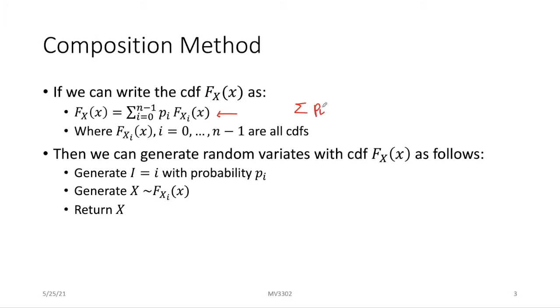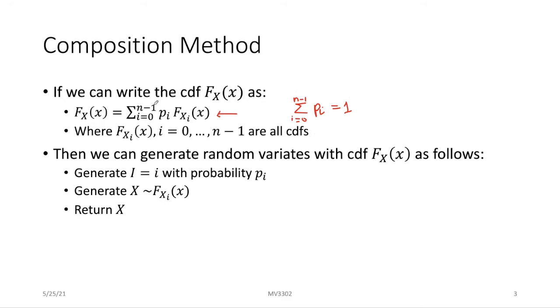So the sum of these probabilities is going to be equal to 1. In other words, what these P's represent is a discrete probability distribution over the integer values 0 to n-1, and we're using zero-based indexing.